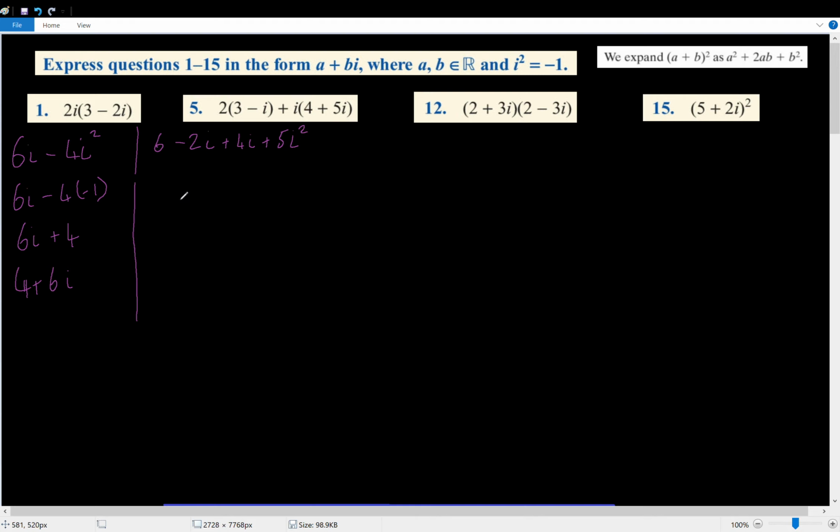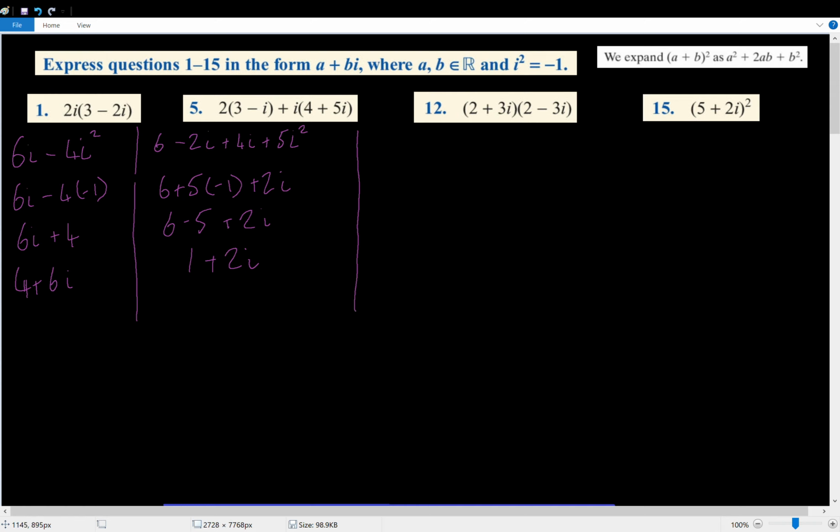So we're just going to tidy all that up. We're going to get 6 plus 5, now i squared is minus 1, so it's 5 times minus 1. And then minus 2i plus 4i is going to be plus 2i, which means we have 6 minus 5 plus 2i. So we get 1 plus 2i, like that. And that's question 5.